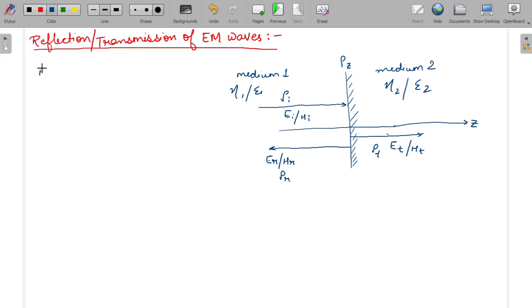So our first case is the normal incidence, like when the wave is incident normally.